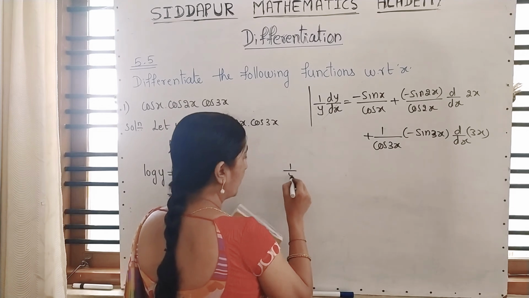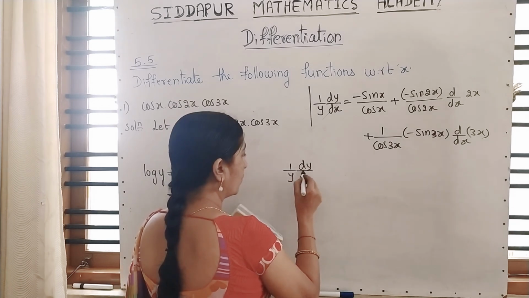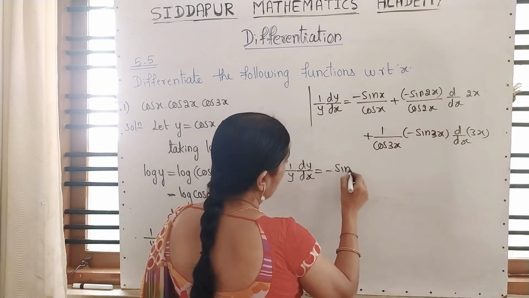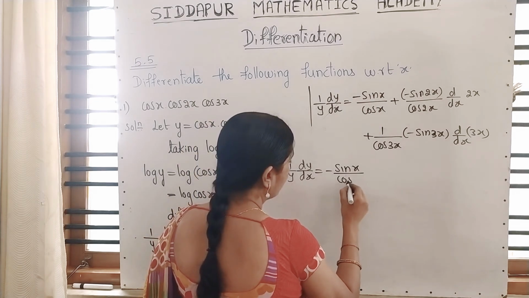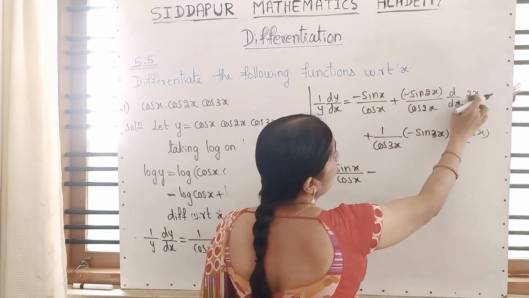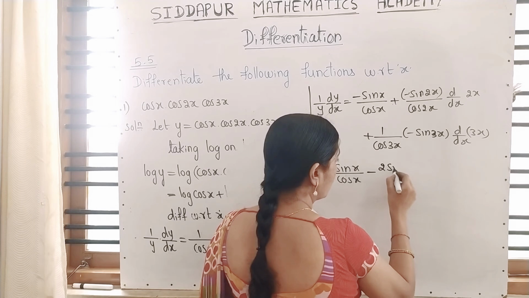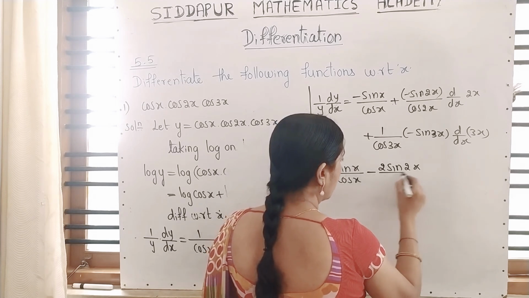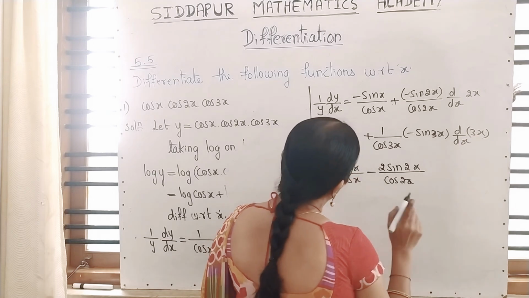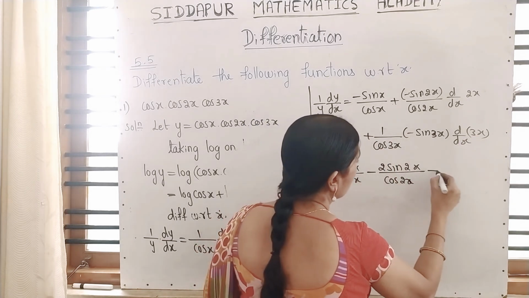So 1 by y dy upon dx is minus sin x upon cos x plus into minus is minus. Differentiation of 2x is 2. That's why I wrote 2 into sin 2x divided by cos 2x. And differentiation of 3x is 3. Plus into minus is minus.